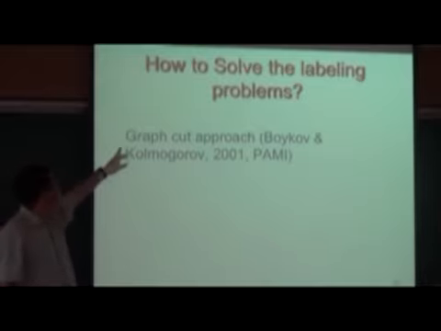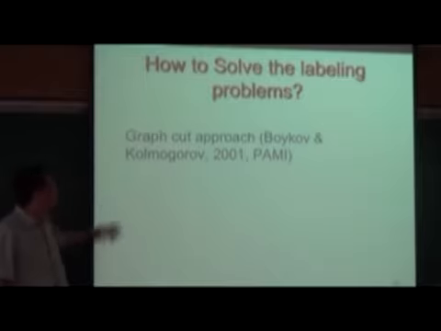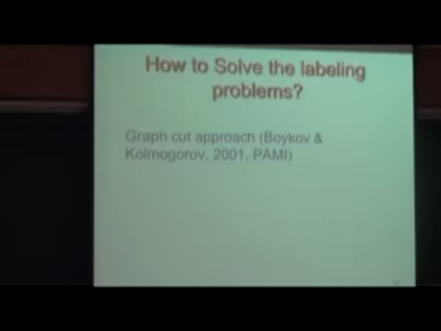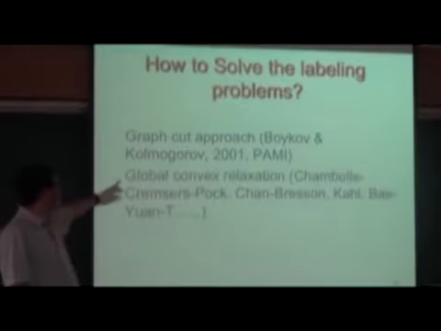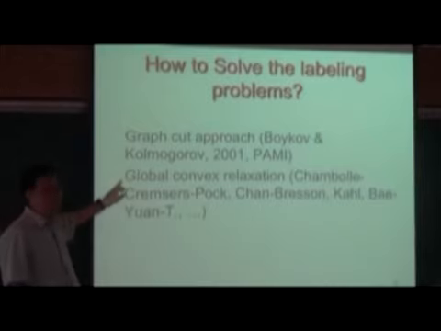Graph cut for segmentation I think was known much earlier, but in fact it was Boykov and Kolmogorov in 2001 who made this very popular. In fact, if you look more carefully, that's essentially one way to solve the labeling problem. And then there is another approach, which is to use a global convex relaxation.